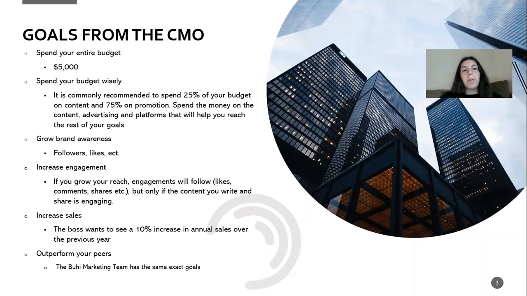So, for example, if you grow your reach, your engagements will follow. That is just a consistent principle that we see throughout the whole entire simulation, and it's effective on every single platform. So it's really helpful. So that's one of our goals. And then another would be to increase sales as a result of increasing engagement and awareness.